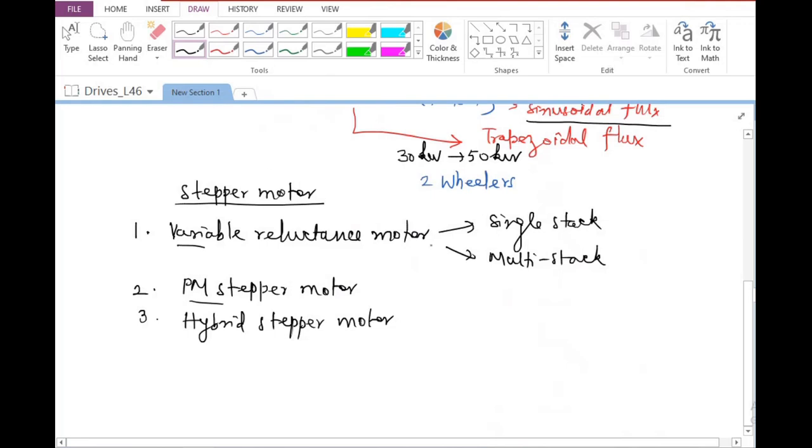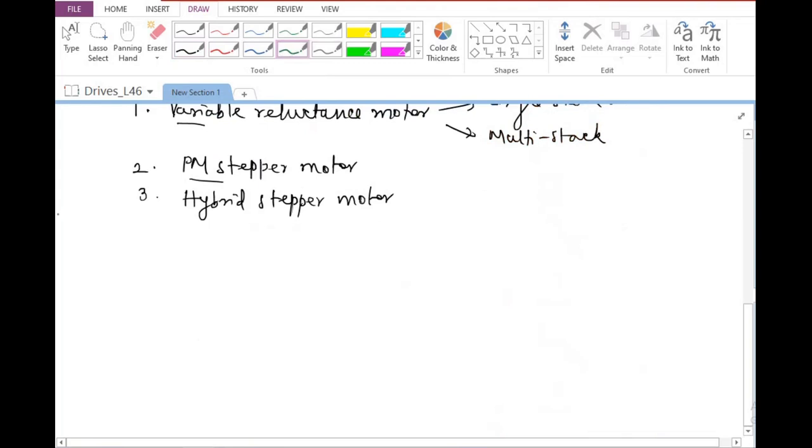But I will dwell more on the single stack variable reluctance stepper motor, because that is what is actually paving the way for the SRM, or switch reluctance motor. So for the variable reluctance stepper motor, the VR stepper motor, the basic principle is somewhat as follows.